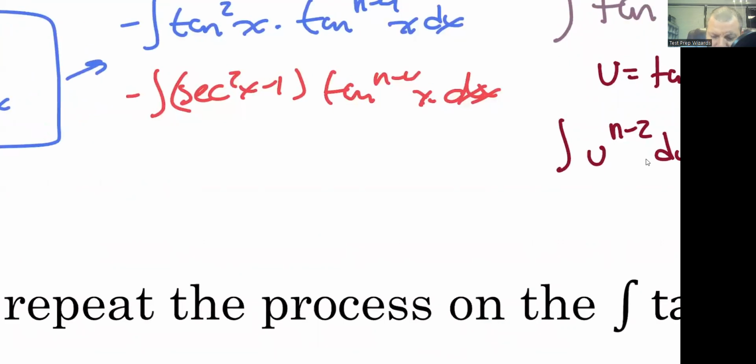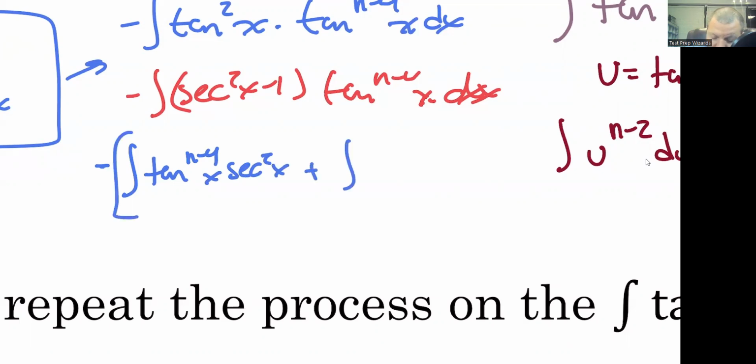We would do the same distributing, and we'd end up with tangent to the n minus 4 of x times secant squared of x, minus, or actually it's going to be a plus, tangent to the n minus 4 of x dx.